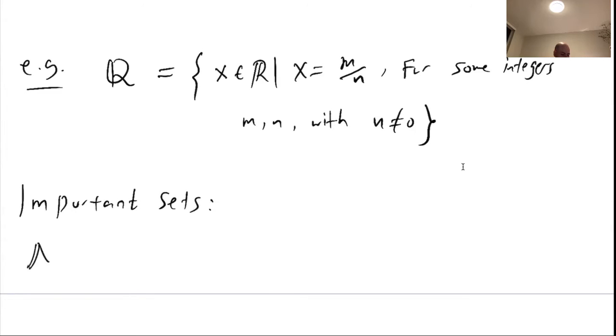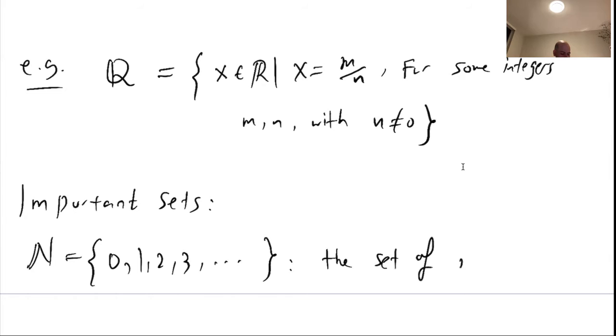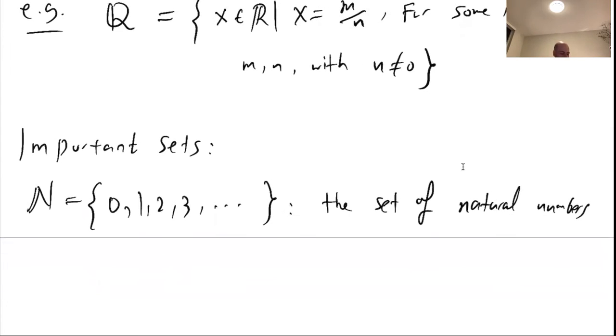The notation N is used for natural numbers. And natural numbers in some books start with 1: 1, 2, 3, 4, all the way to infinity, but some books start with 0. Your book starts with 0. So 0, 1, 2, 3. This is the set of natural numbers. And then we can talk about Z, the set of integers.